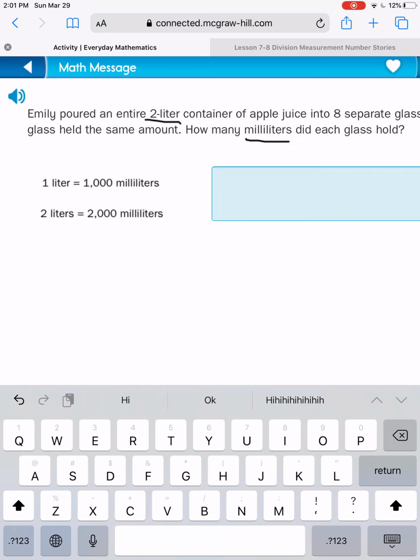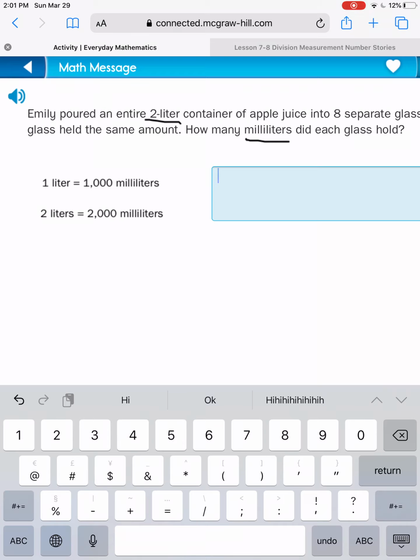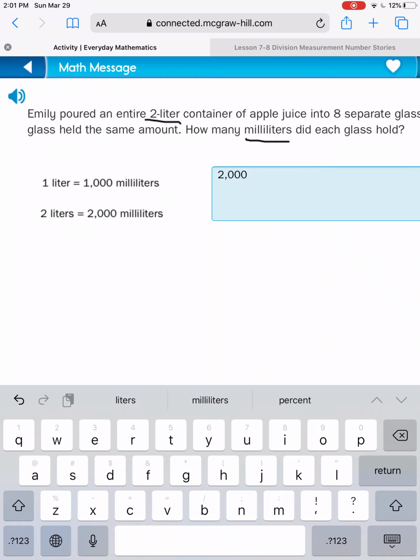All right, so what we are going to do, and I hope that you guys decided the same exact thing, is we are going to take those 2,000 milliliters and we're going to divide it by 8. And that is going to equal our unknown, which in this case, I'm going to use the letter M for milliliters.